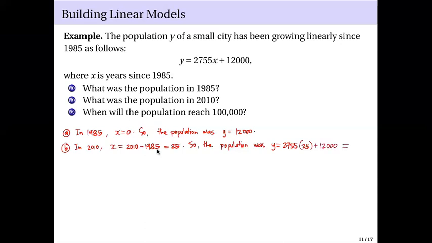And calculating this, we have 80,875. Okay? Questions so far?